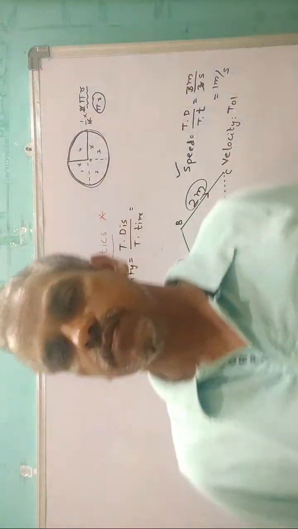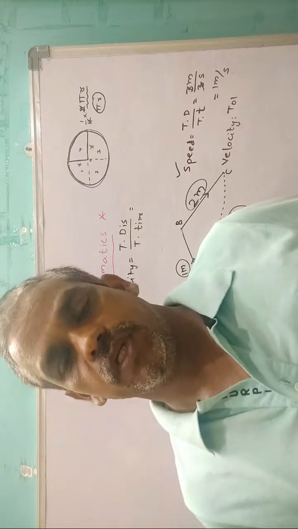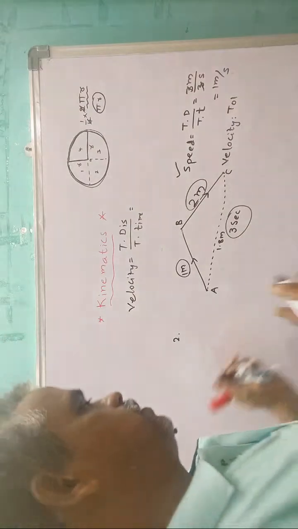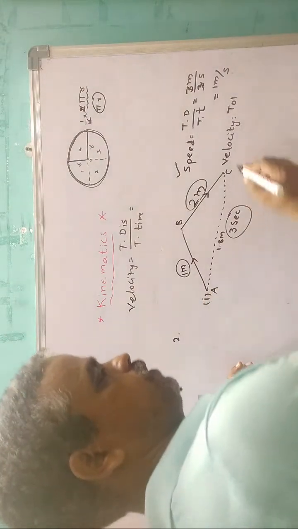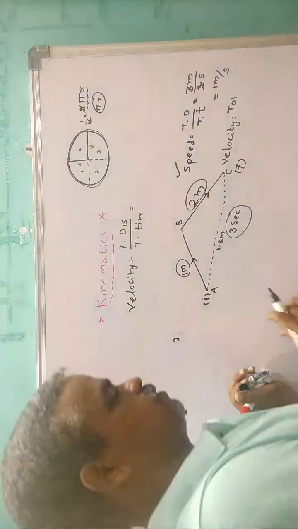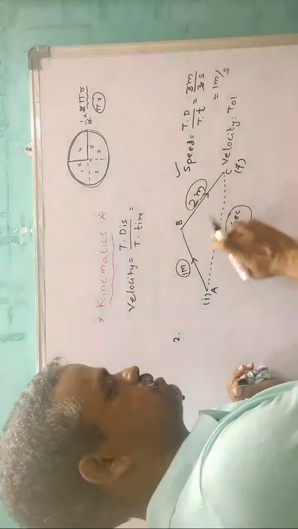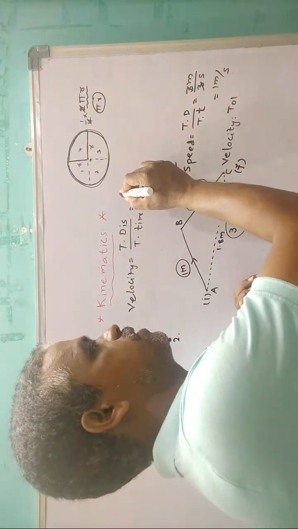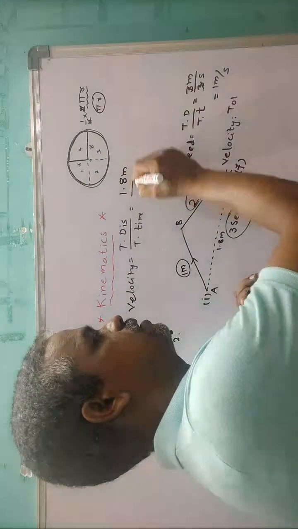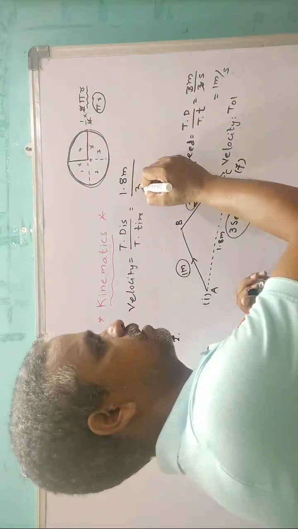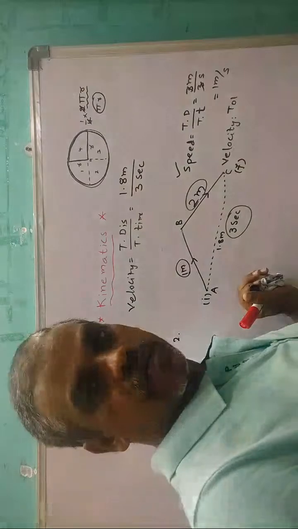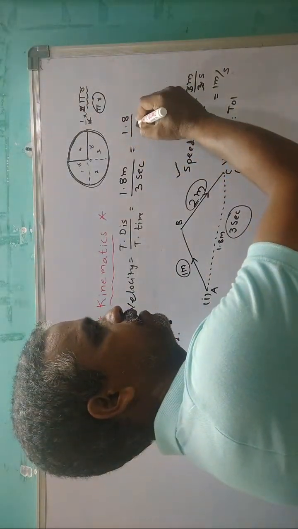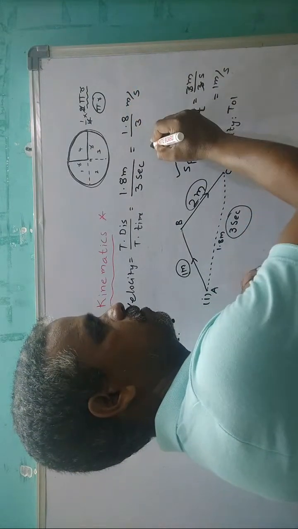Displacement is nothing but the shortest path between the initial and final positions. This is the initial, this is the final position. So how much distance? 1.8 meters. So total displacement is 1.8 meters by total time. How much time has it taken? 3 seconds. Now 1.8 by 3 meter per second.